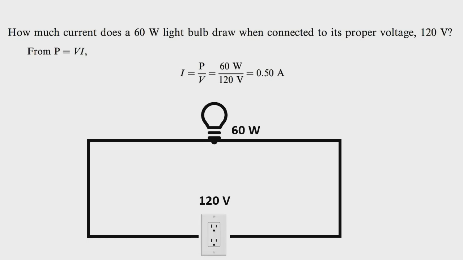So I is now equal to P, which is 60 watts, and V is equal to 120 volts. Therefore, I is equal to 60 watts over 120 volts, and the answer is 0.50 amperes.